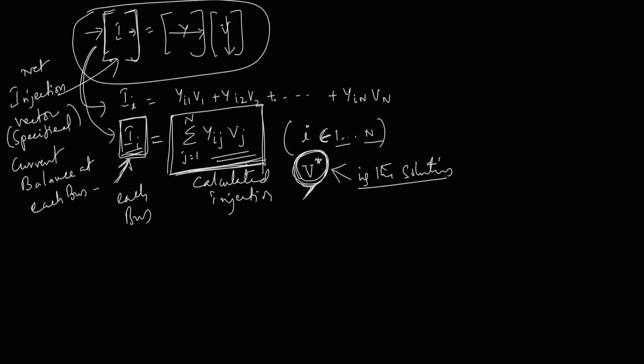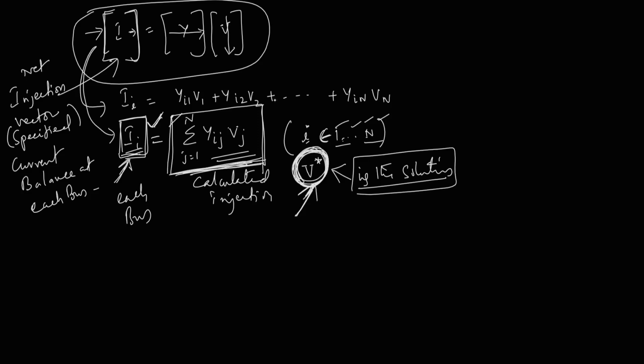I am searching for the vector which makes this equal to this one at all buses, and if I find one particular vector V which makes all I_i equal to these expressions for i equals 1 to n, then that particular voltage is my actual network solution.